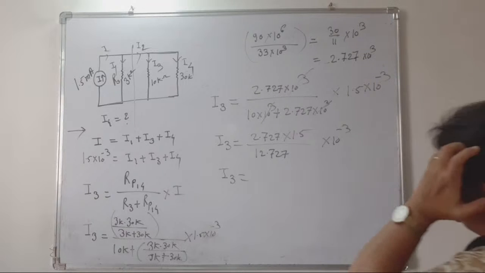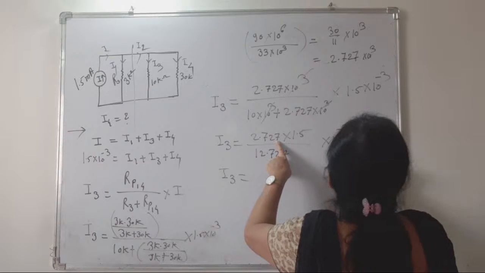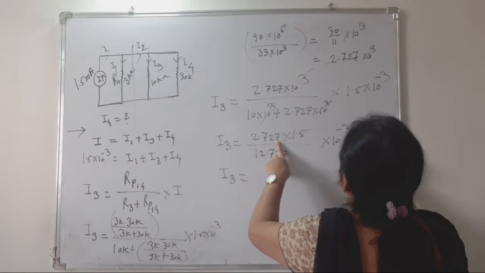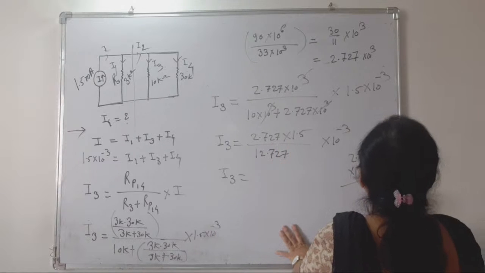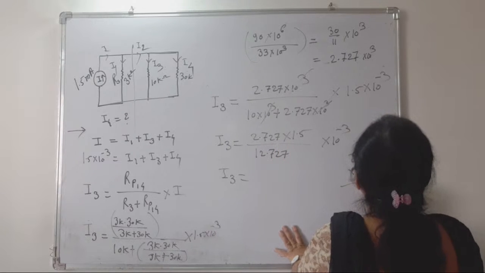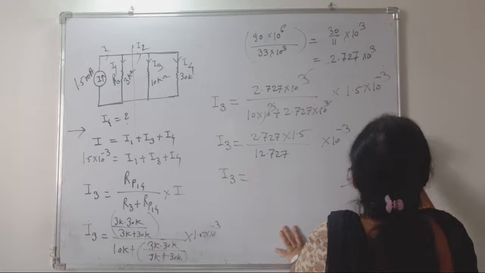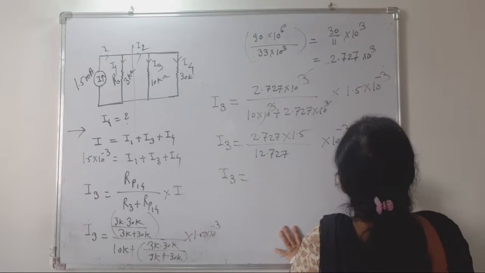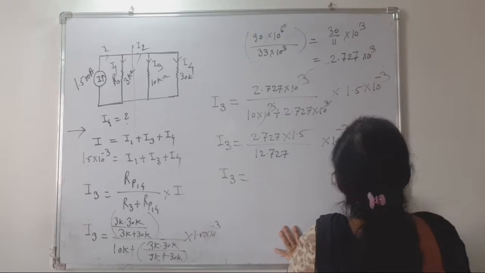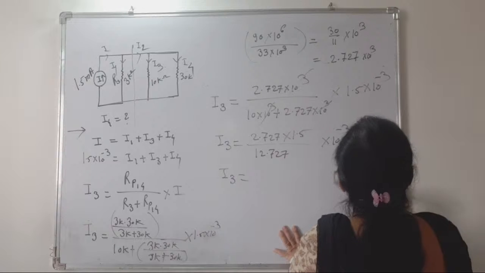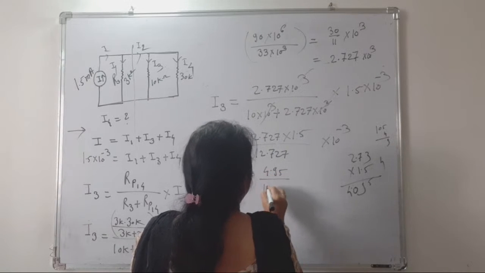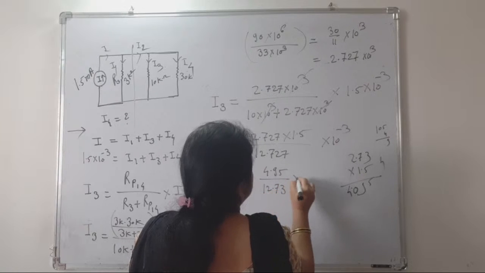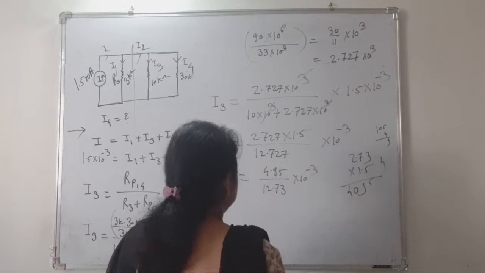I have to calculate 2.73 multiplied by 1.5, which is 4.95, upon 12.73 multiplied by 10 raised to minus 3.